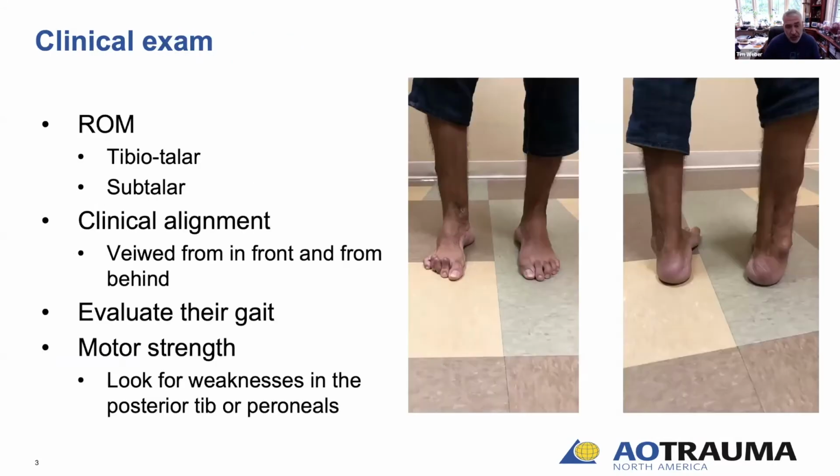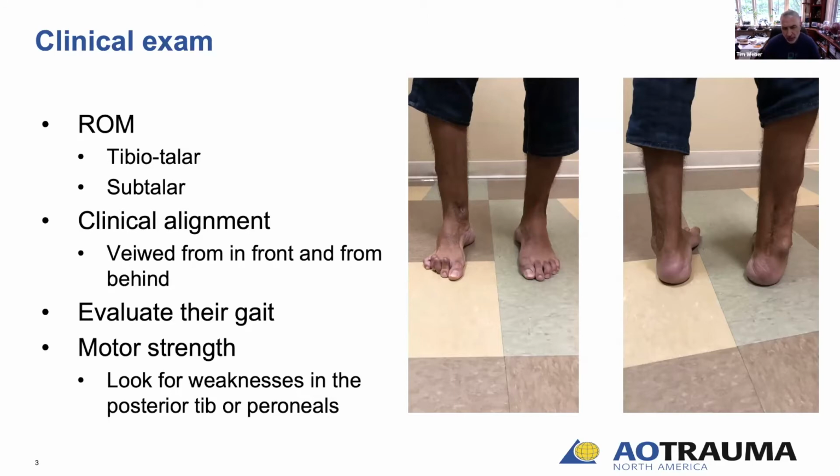So not unlike the hip and the knee, which we've already gone through, physical examination is super important. Relative to the ankle, though, range of motion is important to look at, obviously tibio-talar, but especially subtalar.